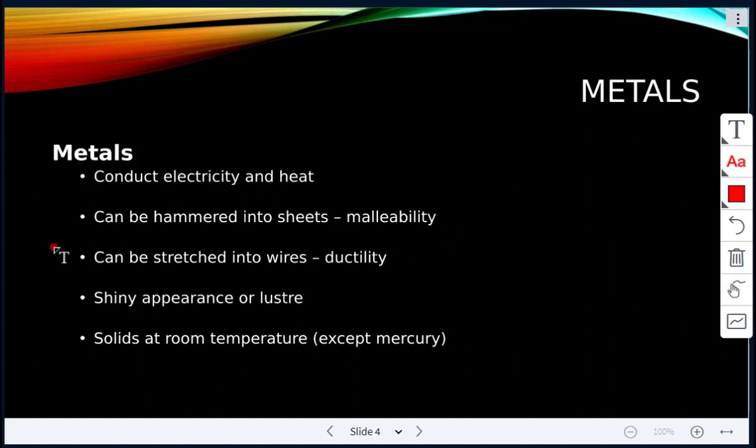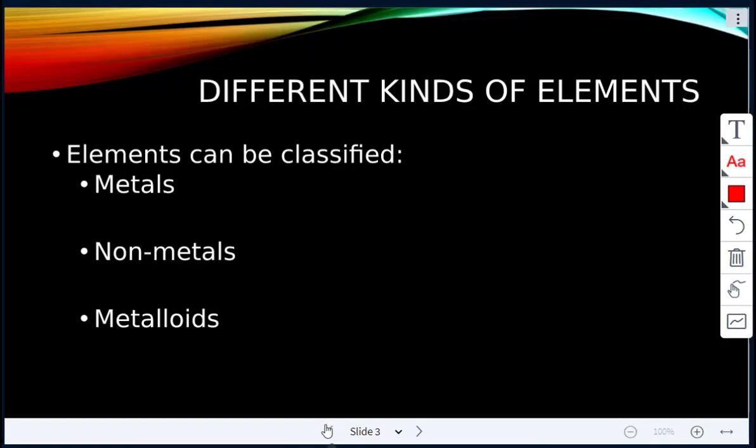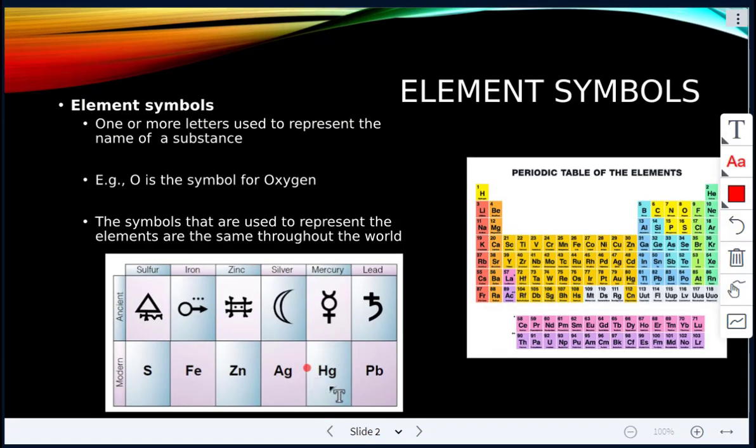You can stretch them into wires. That is what ductility means. They usually have a shiny appearance or luster, and they are all solids at room temperature except for mercury. Mercury is a liquid at room temperature. And if we go back here, mercury is represented by capital H, lowercase g. And if we look for it on the periodic table, it is right here.